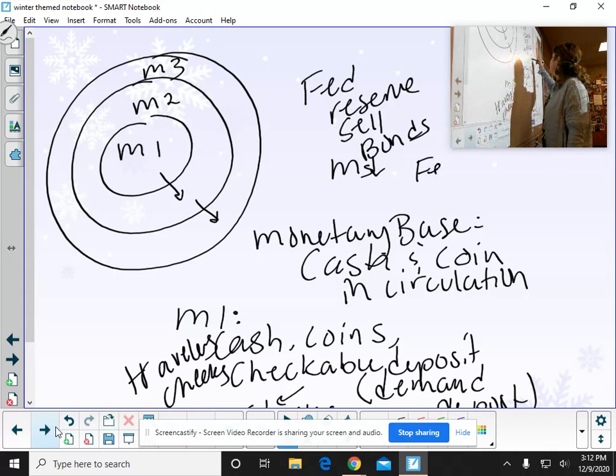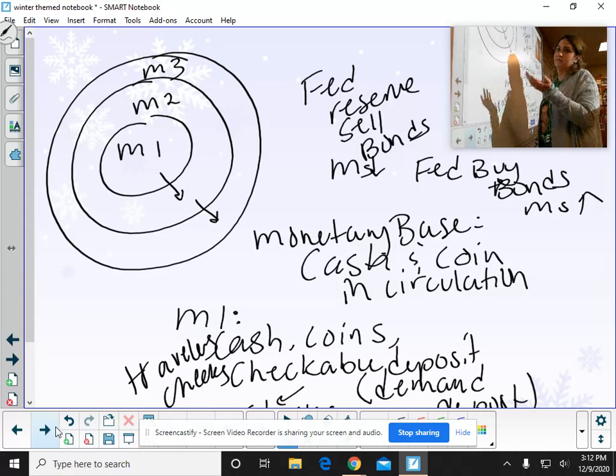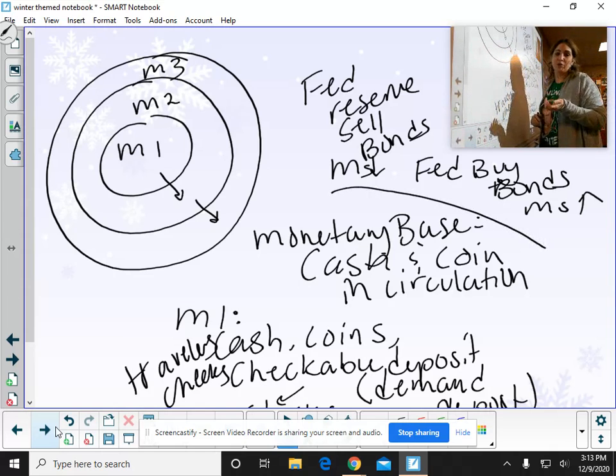If the Fed buys bonds, since that's expansionary, all of the M's go up. There's more money supply. But there are certain transactions that we do as people that are going to affect one and not the other. How all of M1, M2, and M3 are affected is by monetary policy, either expansionary, more M's, or contractionary, less M's.